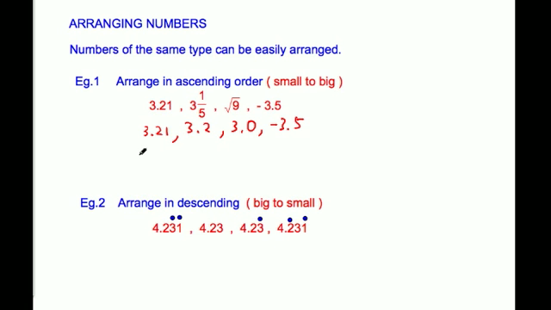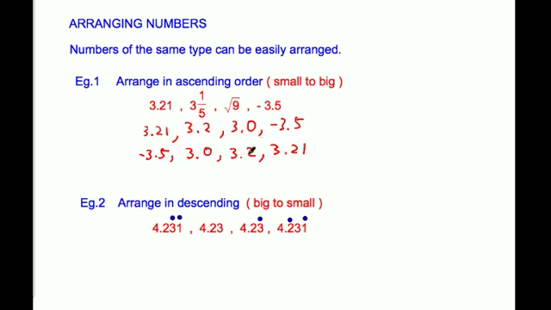We know that negative numbers are smaller than positive numbers, so we put negative 3.5 first, followed by 3.0, followed by 3.2, and finally 3.21.